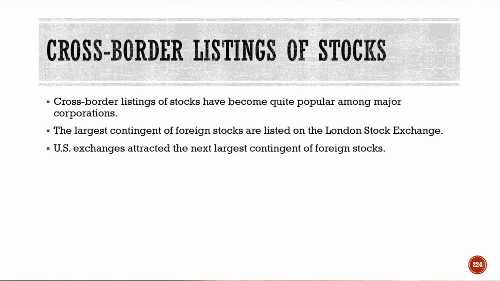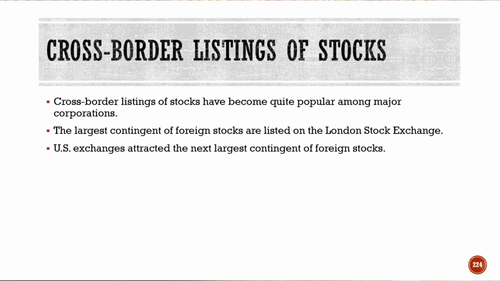Another way of lowering the cost of capital is cross-listing your stocks, if you're a publicly traded company, that is. That means that you would cross-list your stock so it's traded on many other exchanges, and that way when you have employees working in different countries, they can also earn, for example, stock options.